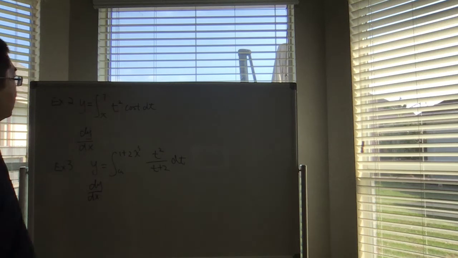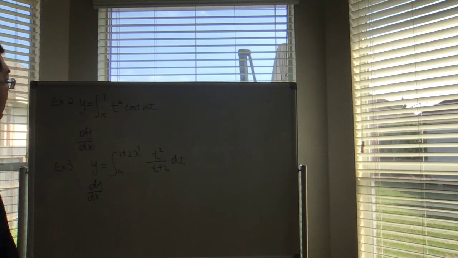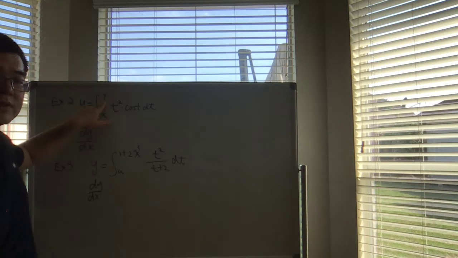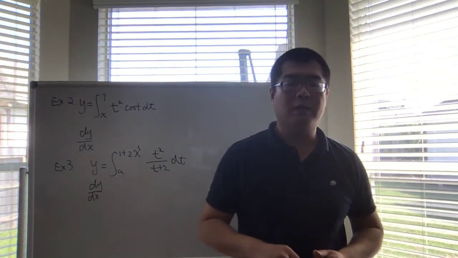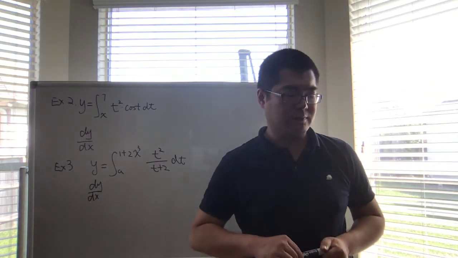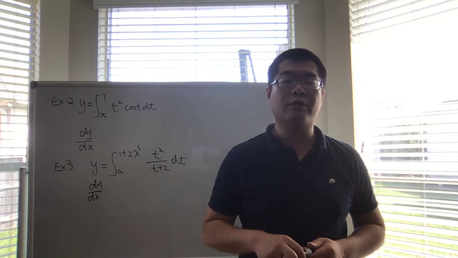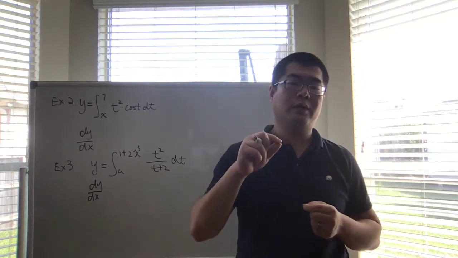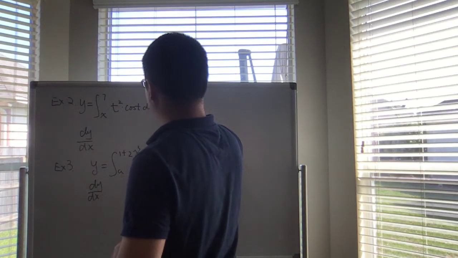Now, the second one, look at this. y equals the integral from x to 7 of t squared cosine t dt. And you see, right now the start index is x and the end index is 7. Here, if we try to use the fundamental theorem of calculus part 1, you have to reorganize your integral expression. How? Well, this is what we can do.